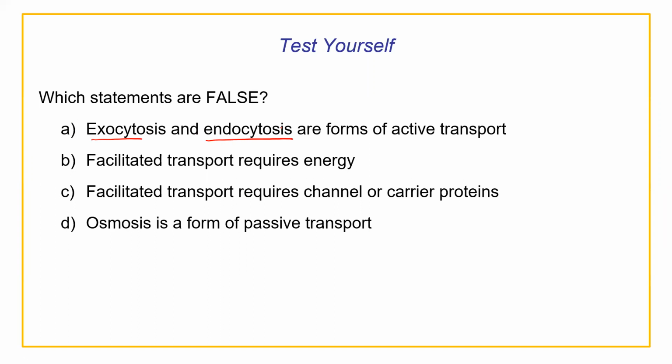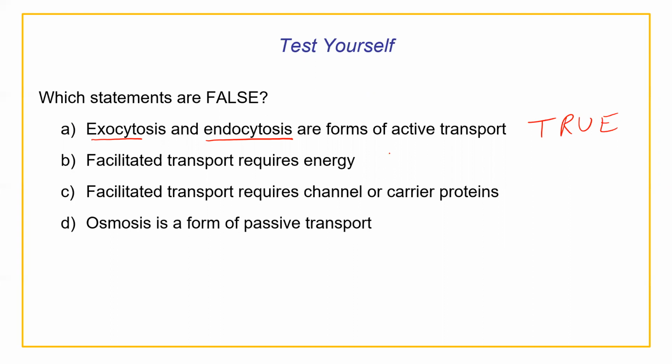And so the answer here is, do I have the answer? No, I don't. I've got it right on the screen. The answer is true. Bringing in things in bulk actually takes a lot of energy. I know it's not shown in the diagrams, but we're talking about not one or two ATPs, but quite a few in order to do that process. B, facilitated transport requires energy.